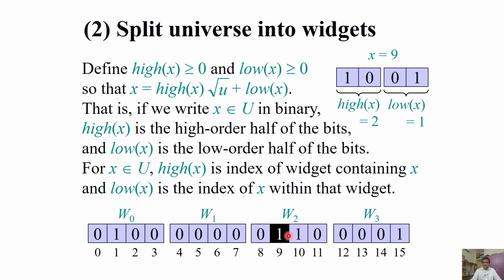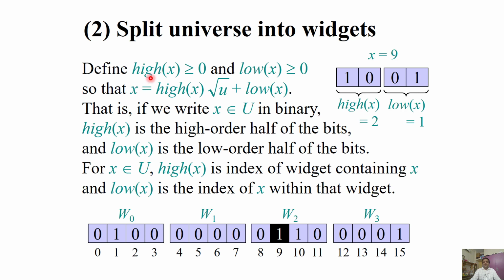So this is basically we will go for widget 2. Then low of x is the next half. So this is 0 1, this is 1, and that will be the position in that widget. So this is 0 1 2 3, and this is basically our x equal to 9. So we can go to this field and insert 9 there.